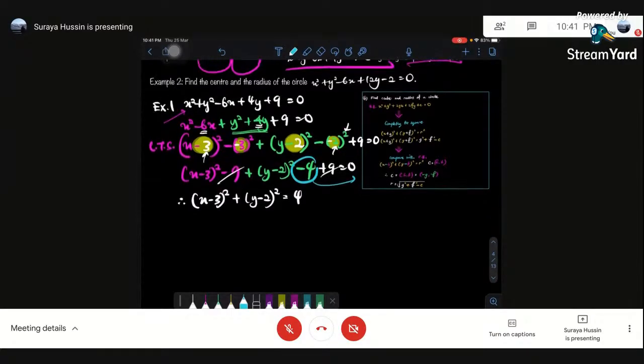And then, here you go, you get from GE, this is GE, right? You get SE. When you get SE from here, you can directly compare with (x minus h) squared plus (y minus k) squared equals r squared. Remember? This must be memorised. When you memorise it, just write it straight away when you see the question.